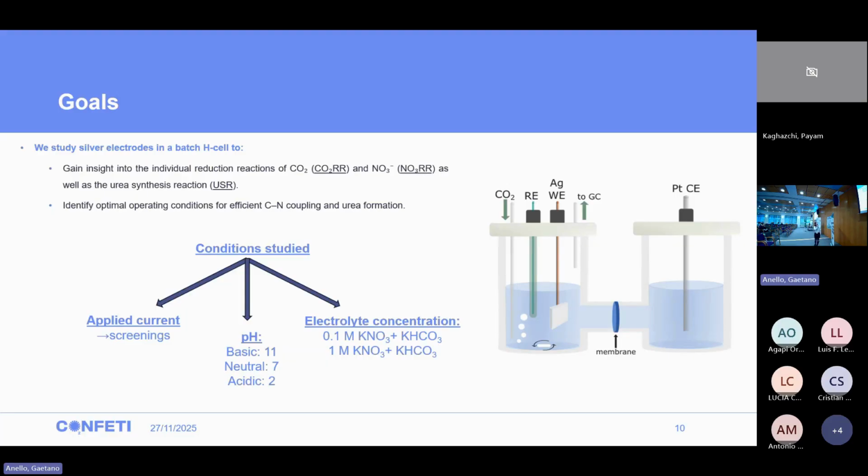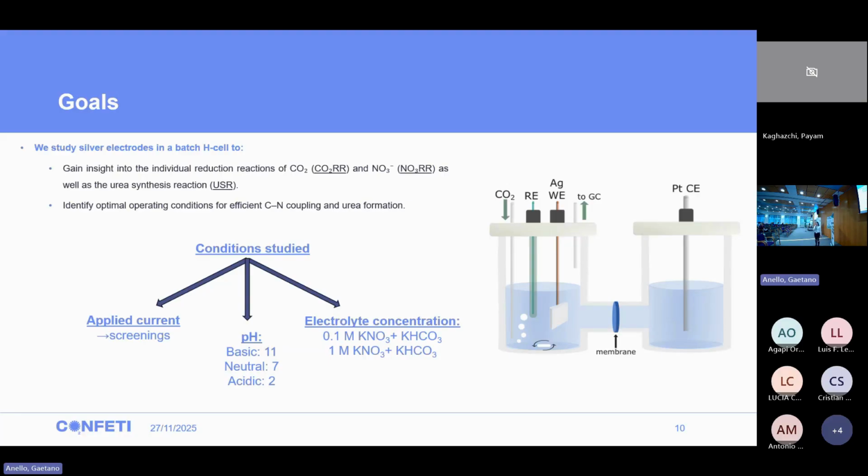The conditions that we studied were first the applied currents, so we did a screening of different current densities. We also tried to change the pH of the electrolyte with three conditions: basic, neutral, and acidic. And finally, we changed the electrolyte concentration to check how that affects it.